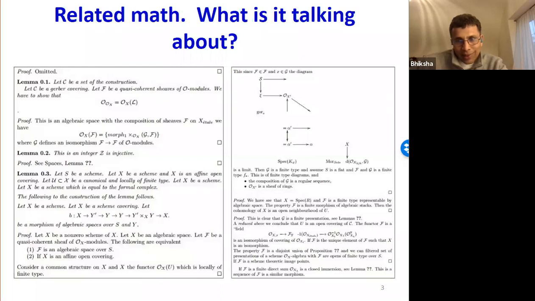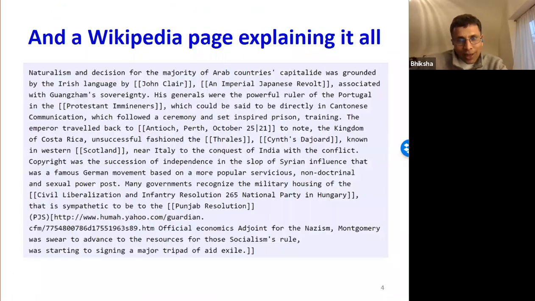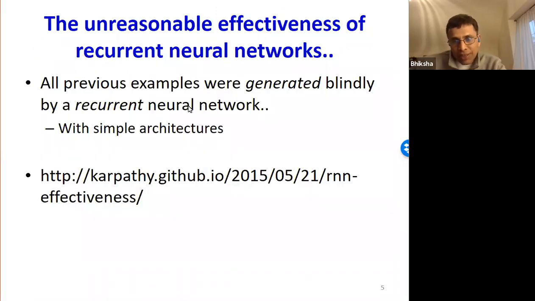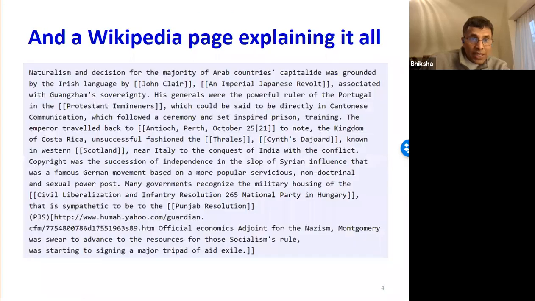And here's a Wikipedia page explaining it all. Now, this of course doesn't make a lot of sense, but the amazing thing is that all of this was completely blindly generated by a recurrent neural network. And what is impressive is the completeness of the generation.